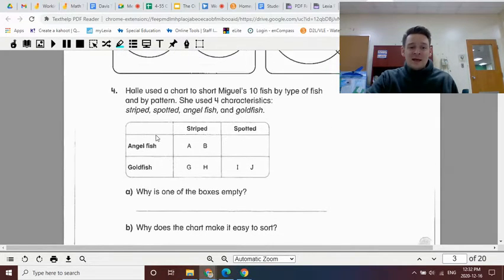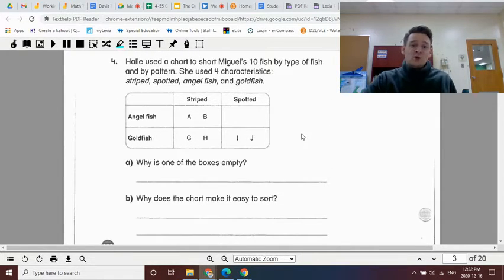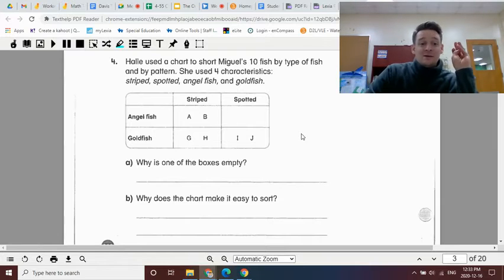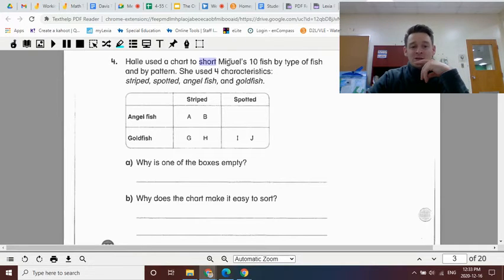Number 4 says, Haley used a chart to sort Miguel's 10 fish by type of fish and by pattern. She used 4 characteristics: striped, spotted, angelfish, and goldfish.